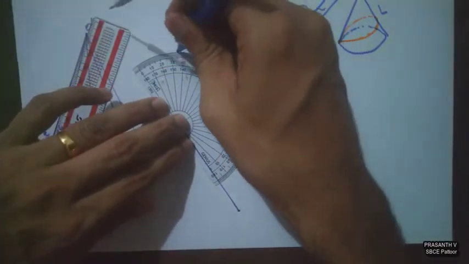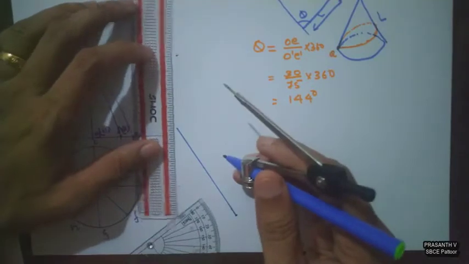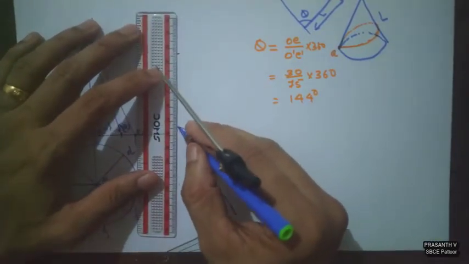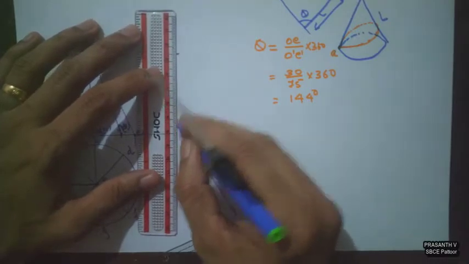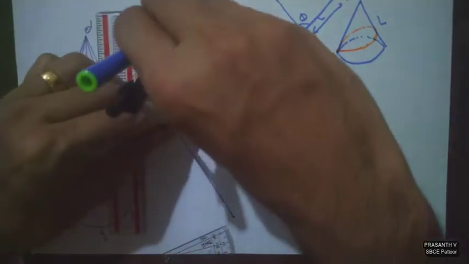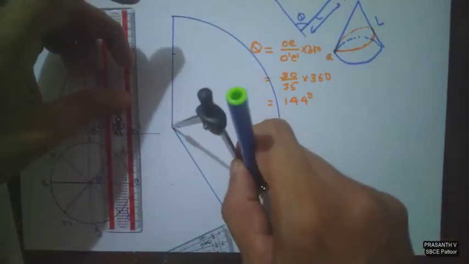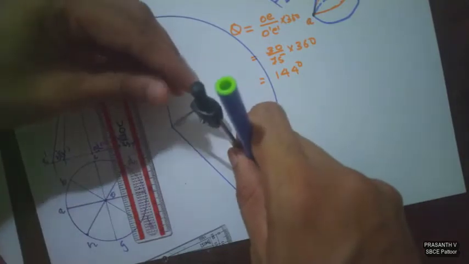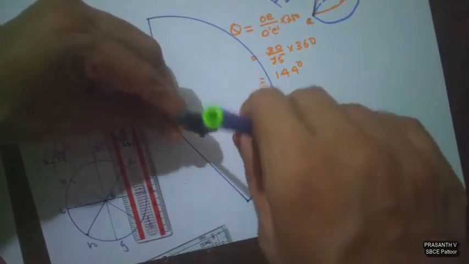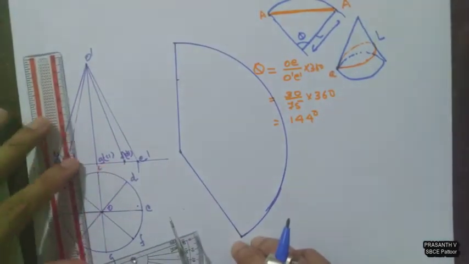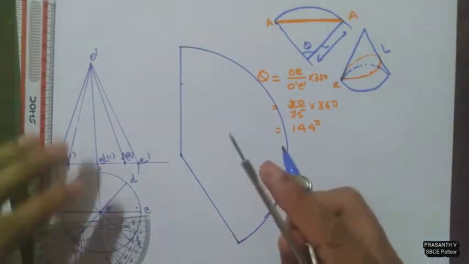Now just complete the sector. This is the development of the cone. You have to divide this into 8 equal parts.